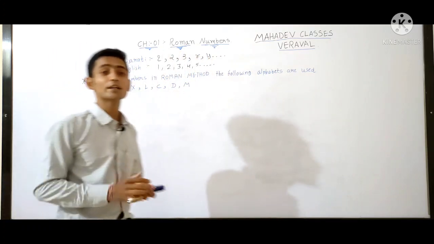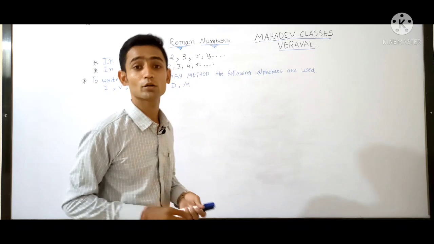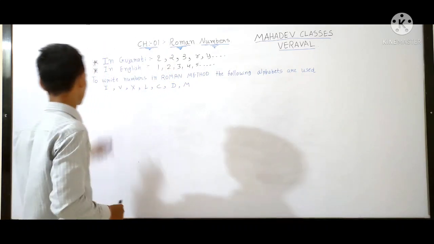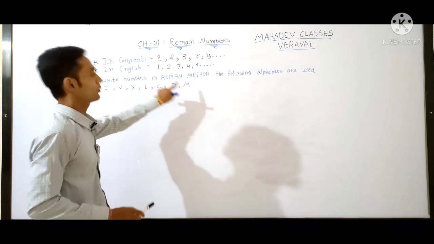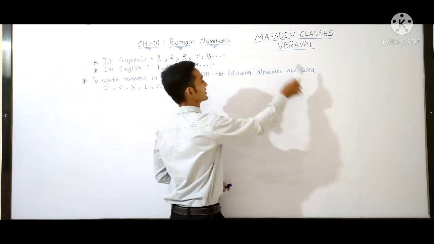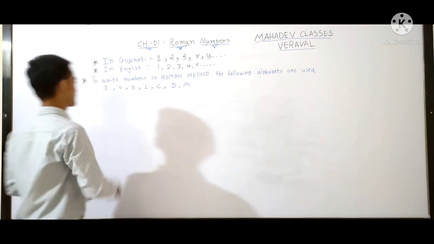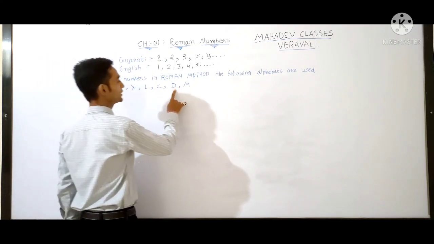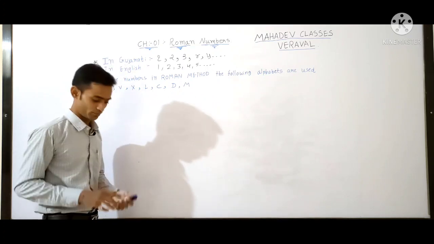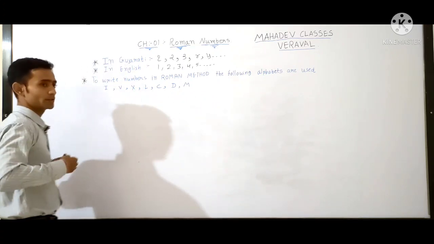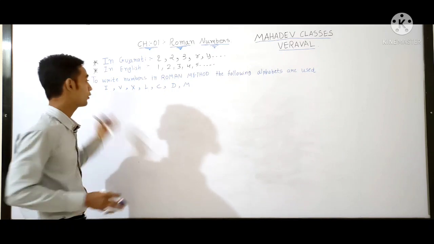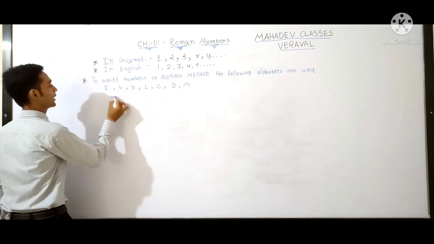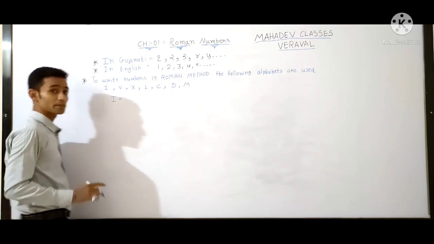And now we are going to learn another method to write down the numbers, which is known as Roman numbers. To write numbers in the Roman method, the following alphabets are used: I, V, X, L, C, D and M. First of all, we have to find out the value of each alphabet. I means 1.